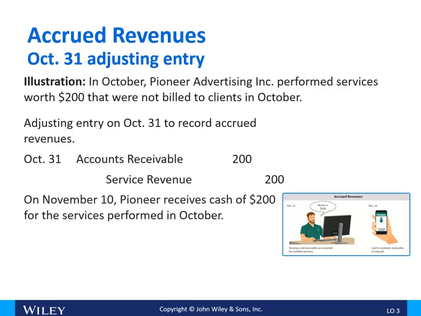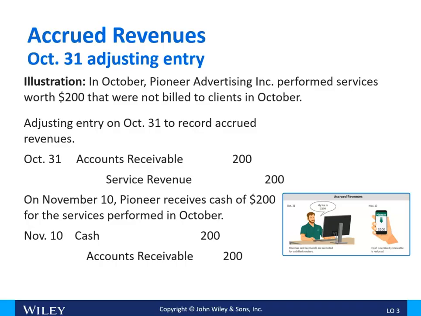Now on November 10th, Pioneer receives cash of $200 for the services performed in October. That entry is to debit cash because we received cash and credit the accounts receivable. So we no longer have that asset, accounts receivable. It got turned into cash because the customer paid us for that.